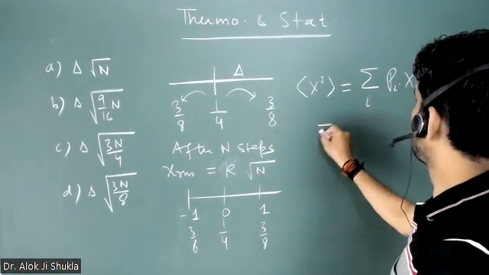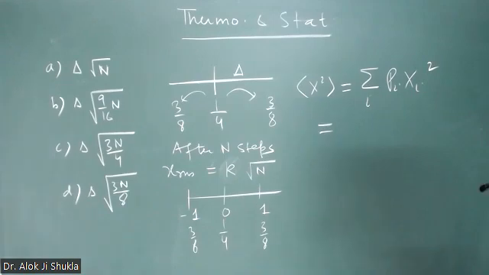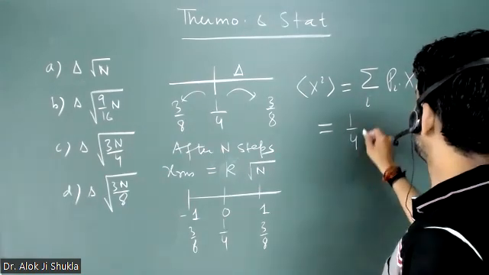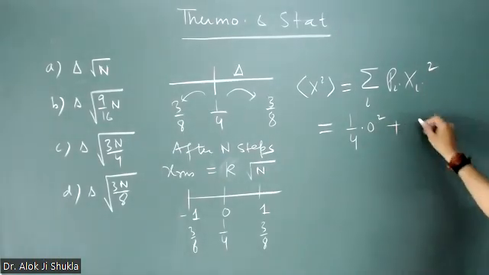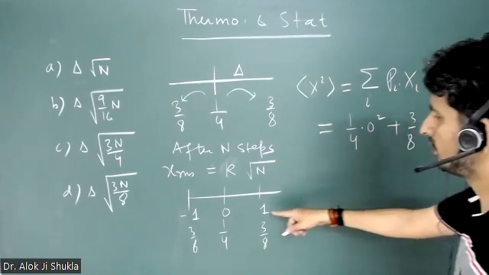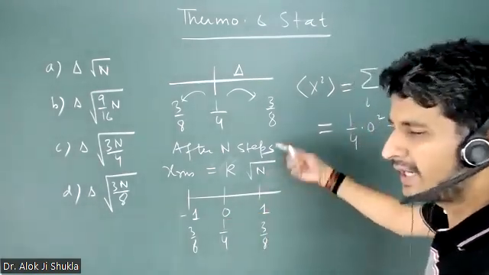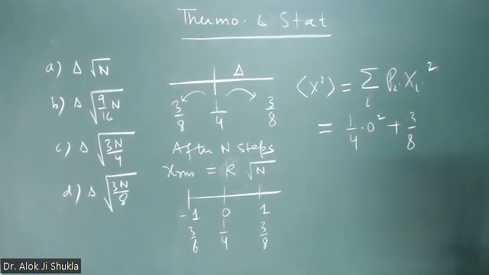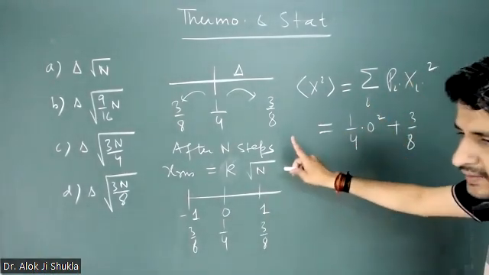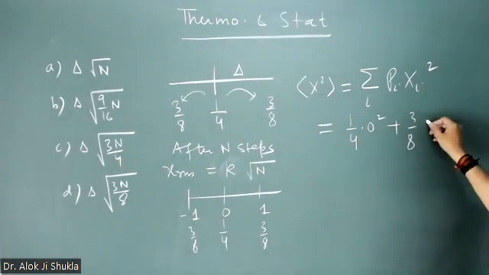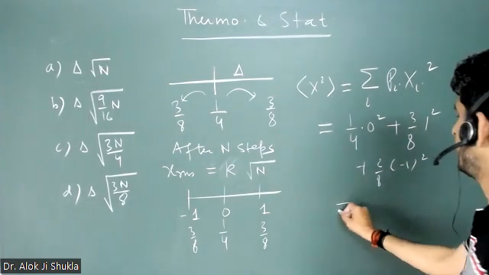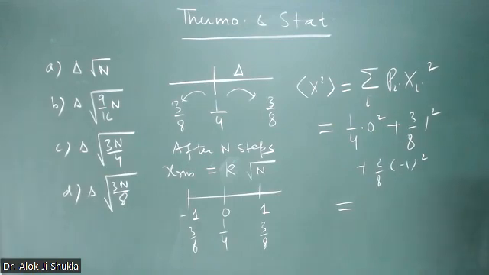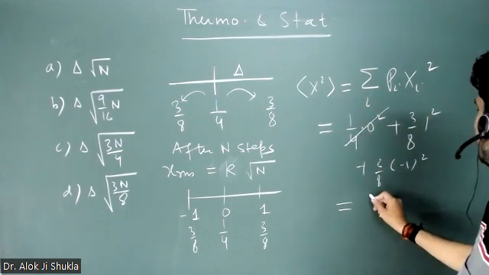So it will become first 1/4 into 0 square plus 3/8 into 1 square, the delta is also there, but we will do that later. Because step size is delta, that's okay, just take it as 1 and then we will multiply it by delta. So 3/8 into 1 square plus 3/8 into minus 1 square. So what will it become? This will become 0, plus 3/4.